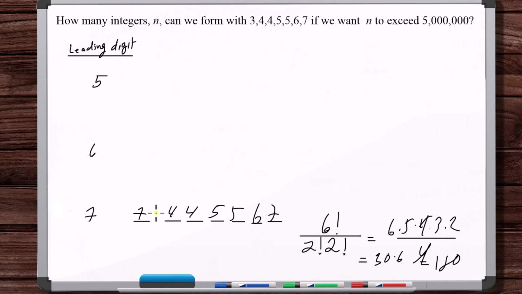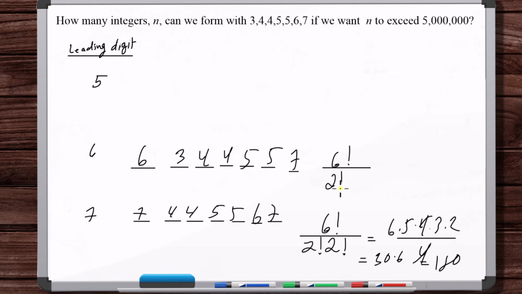So there's 180 outcomes here. Now, if 6 is the leading digit, what are we left with? 3, 4, 4, 5, 5, 7. So that's 6 factorial over 2 factorial again. So that's 180. Okay.